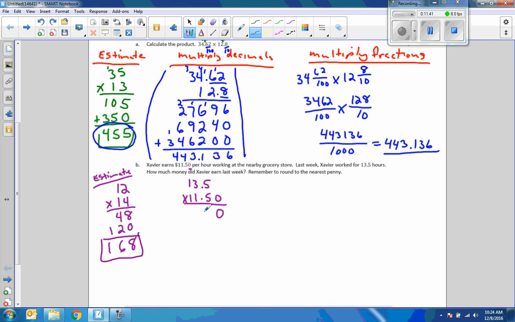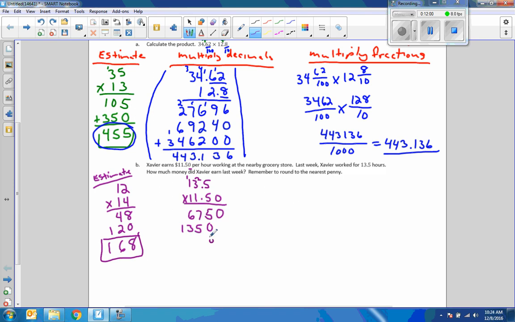Okay? So now we're multiplying 5 times 5, that's 25. 5 times 3 is 15, plus 2 is 17. 5 times 1 is 5, plus 1 is 6. Put a space here. 1 times 5. 1 times 3, 1 times 1.